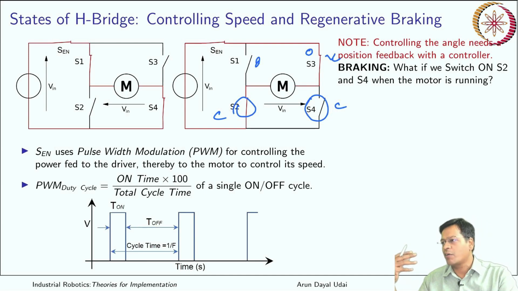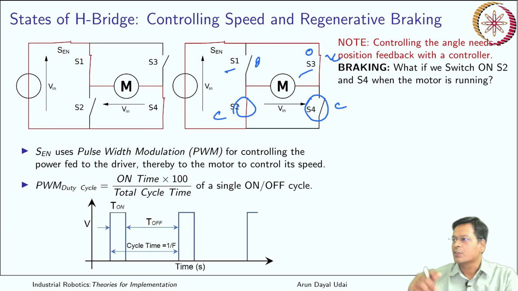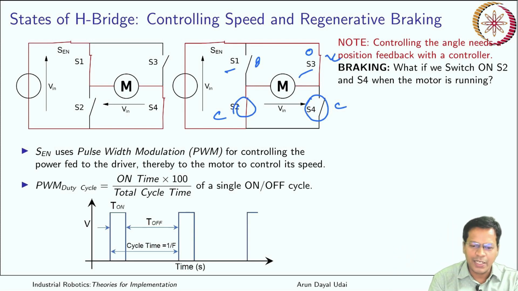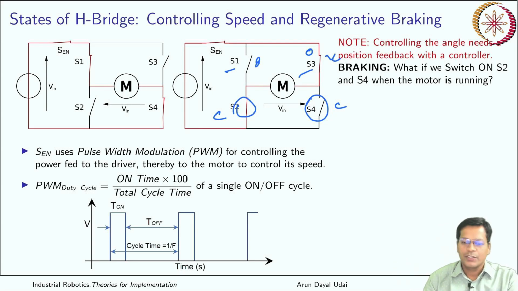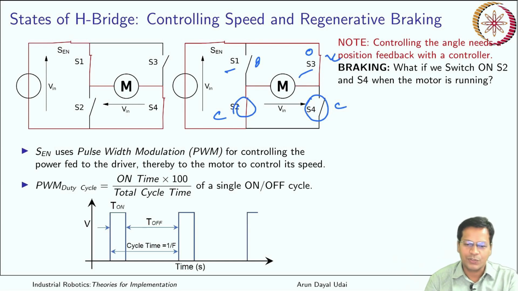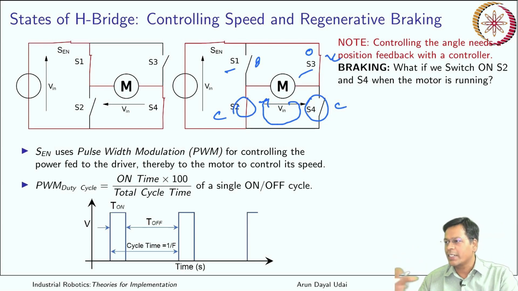If you don't provide power to it by switching off these two switches S1 and S3, it is not provided with current. It is already running. And what you have done by closing these two switches S2 and S4 is you have short circuited this running generator. So you will have a huge amount of loop current flowing through it, right? And that will create a back EMF and a reverse torque.